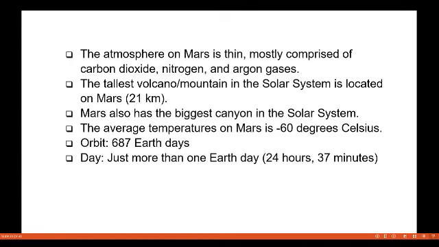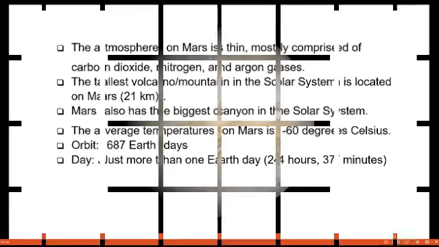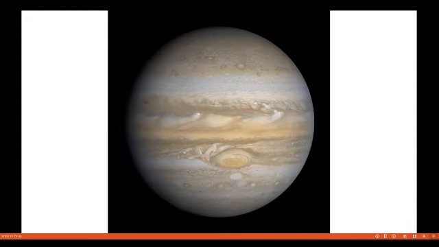The average temperature of Mars is minus 60 degrees Celsius. 1 year of Mars is equal to 687 Earth days, whereas 1 day on Mars is more or less similar to 1 day of the Earth, that is 24 hours 37 minutes, and our 1 day is approximately about 24 hours. This is the image of Jupiter.